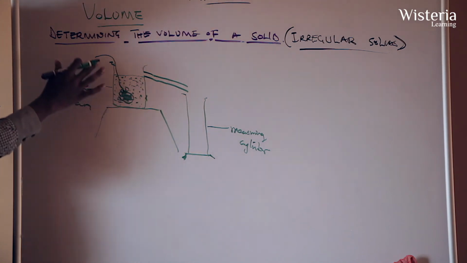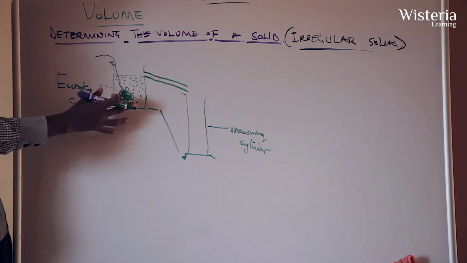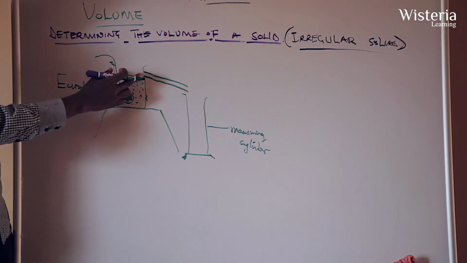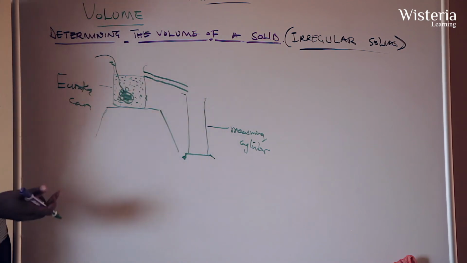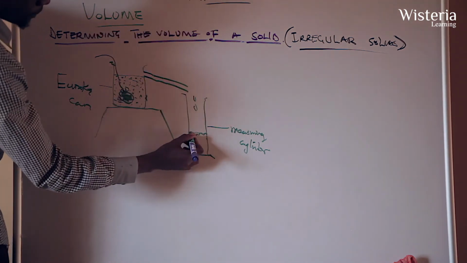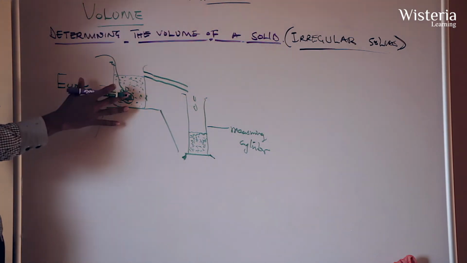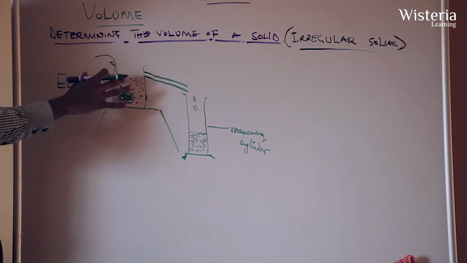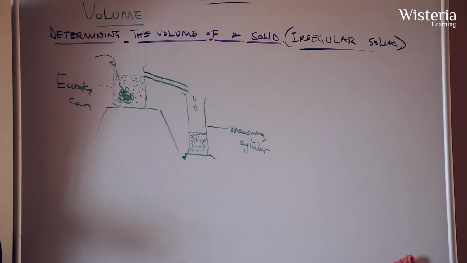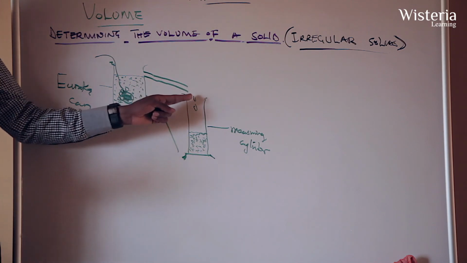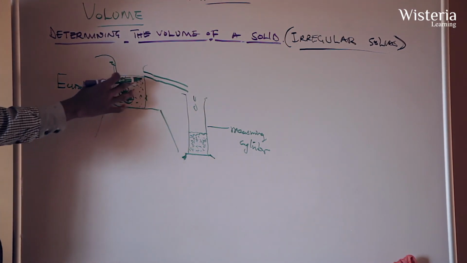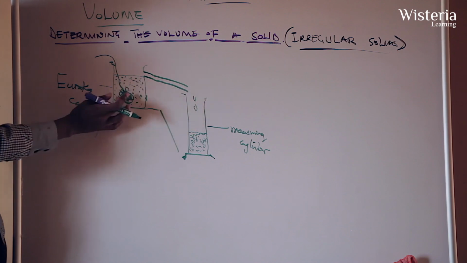As you gently lower the stone into the Eureka can, there will be some water that will be collected into the measuring cylinder. The water is displaced into the measuring cylinder until it stops dripping, meaning the whole lot of the water has been displaced by the stone.